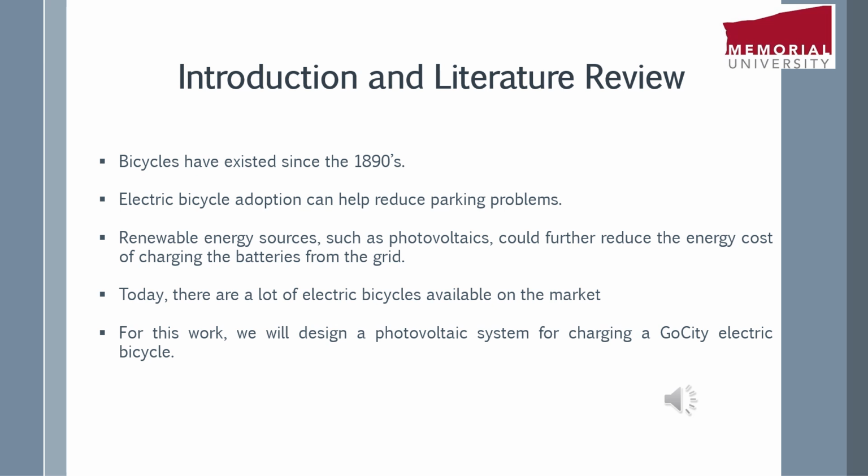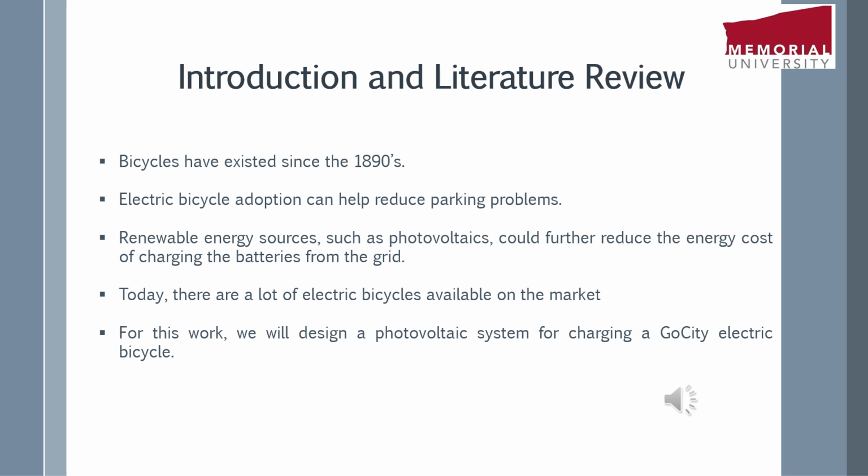One such adoption is using electric bicycles to commute, which could help reduce environmental emissions. Also, electric bicycle adoption can help reduce parking problems, especially on campuses, with cost savings due to lower energy cost per travel distance, especially when its batteries are recharged with PV or other renewable energy sources.